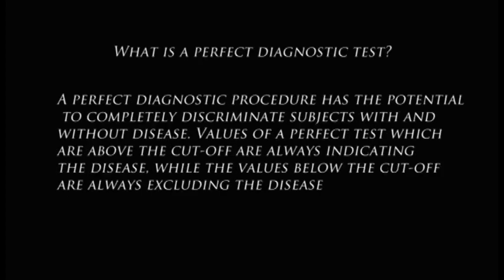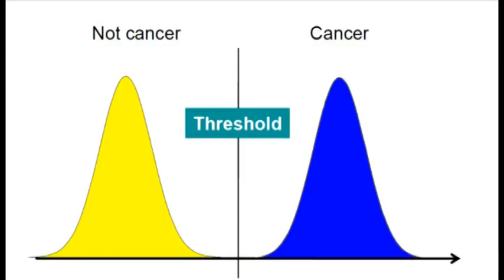So a perfect diagnostic test has the potential to completely discriminate subjects with and without disease. So what would a perfect test look like? This is what it looks like. If you take a look at these two distributions, let's say you're measuring some parameter in the blood that can tell you whether you have cancer or not.